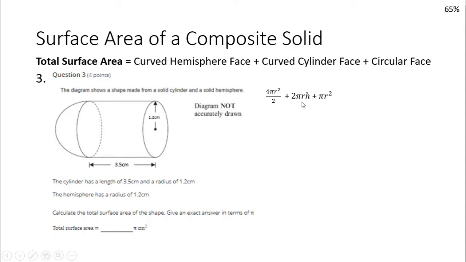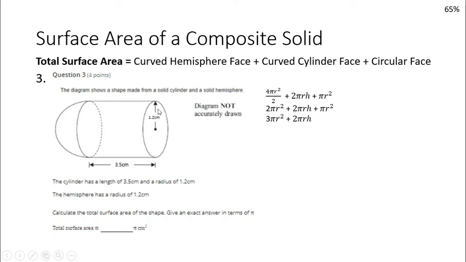I just simplified that before I substituted it in to make it easier for my calculation. 4 pi r squared divided by 2 is 2 pi r squared. Everything else is the same. But seeing that, I've got 2 pi r squared and another pi r squared together here. That would make 3 pi r squared. And now I can't simplify any further, so I'm going to substitute in.